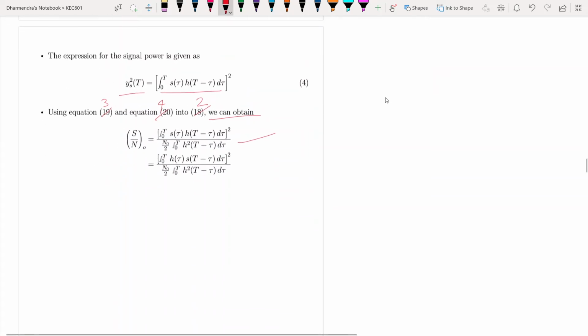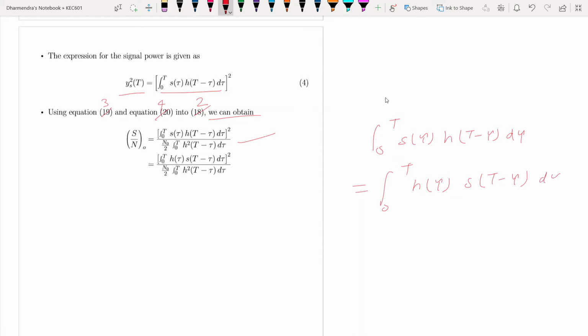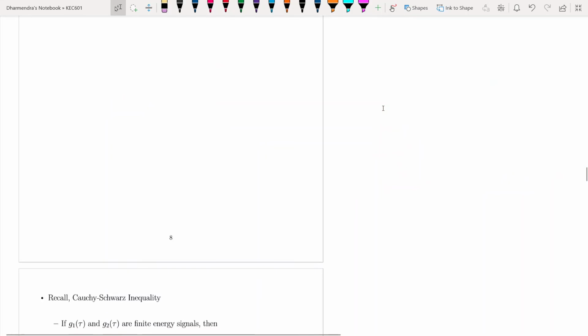By a change of variable, for mathematical convenience, this is also equivalent to this: h of tau s of capital T minus tau dt. Both are equal. So I have written it like this.